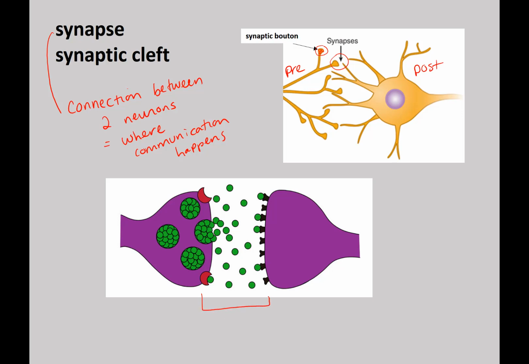The synaptic cleft is the space between. There are two different types of synapses I'm going to show you right now, and we're going to be talking about chemical synapses, which have this synaptic cleft, this space between them.